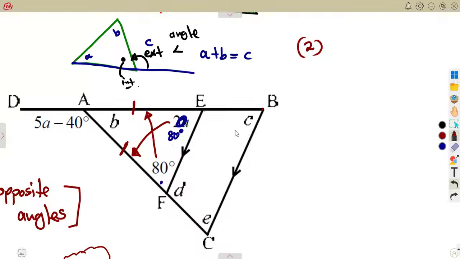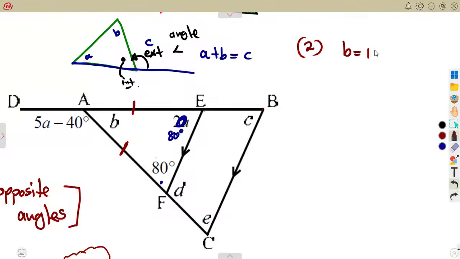Already we substituted this value of A here, and we said the angle AEF is 80 degrees. This is 80 degrees. What is it that we are forming here? We have got a triangle. All right. So we do understand that angles in a triangle add up to 180 degrees. So that means we can calculate the value of B by subtracting these two angles from 180 degrees.